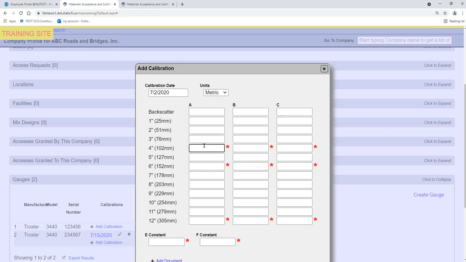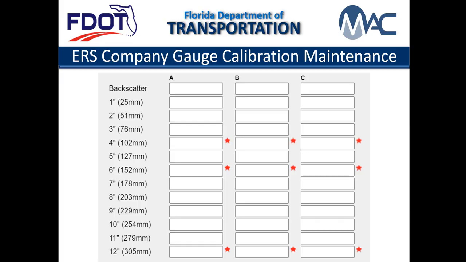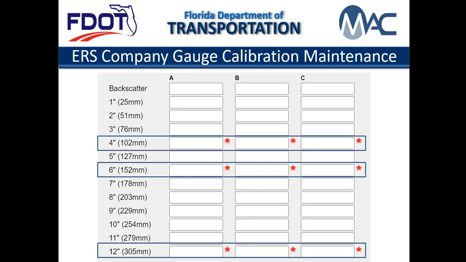Enter the A, B, and C values for each measurement of rod extension for the most common depths performed by your company. The most common ones are 4-inch, 6-inch, and 12-inch, which are required fields. Companies that perform 5-inch tests commonly should also include that entry.